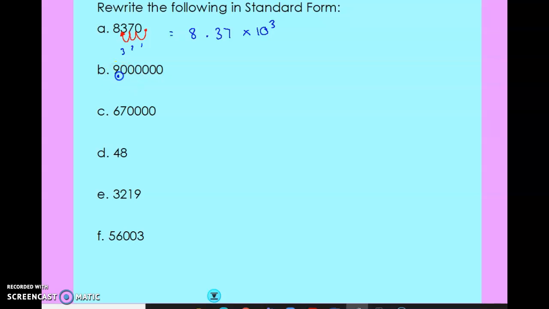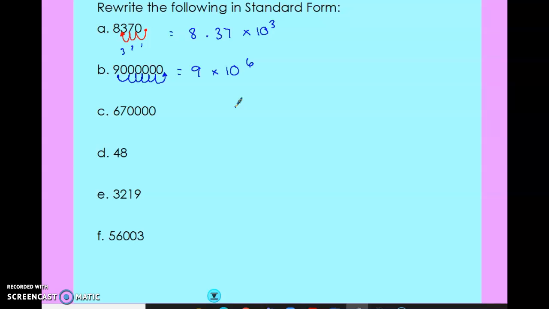Second one, my number is going to be just 9. So it's going to be 9 times 10 to the power of something, and then we count 1, 2, 3, 4, 5, 6. So I get 9 times 10 to the power of 6.